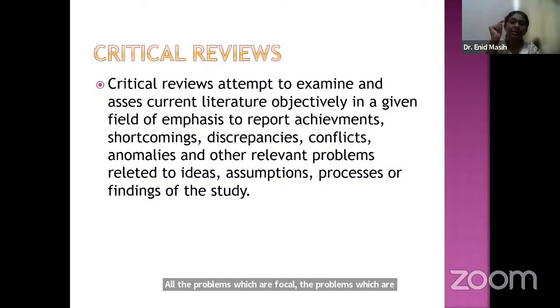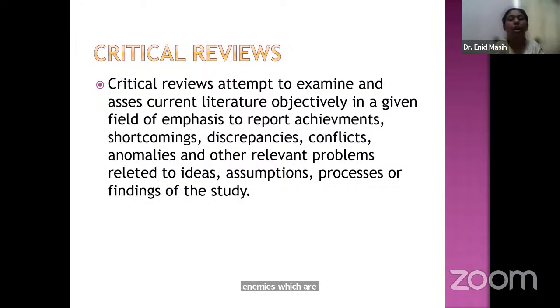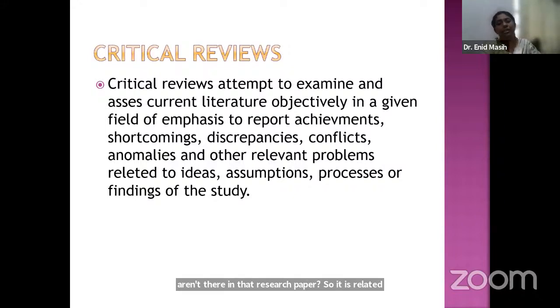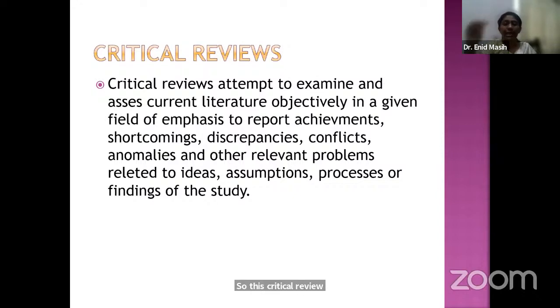So this critical review aspect focuses on the discrepancies, shortcomings, conflicts, and anomalies relevant in that research area or in that research paper. It is related to the ideas, assumptions, processes, and findings of the study. So the critical review focuses on that part of the review of any paper. Please come to the next slide.